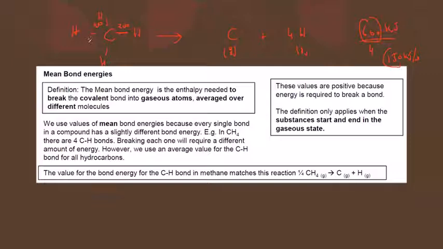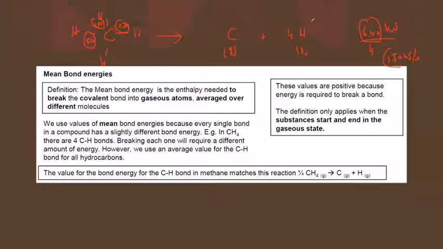To break the third bond, we need 50, and so on. Even when you are breaking identical bonds, you need a different amount of energy because the stability of the molecule decreases as the number of bonds broken increases. So to break the first bond, we need a relatively greater amount of energy.